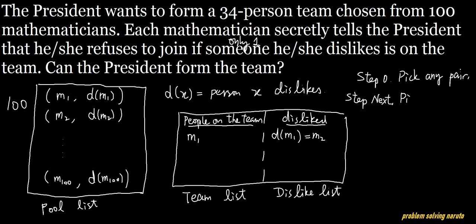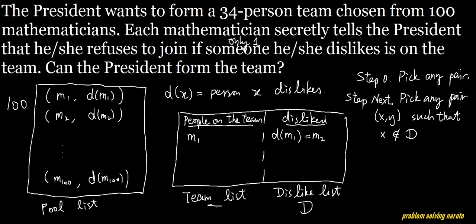So pick any pair XY such that X is not on the dislike list, let's say this is the D list, this is the team list, and Y is not on the team list.